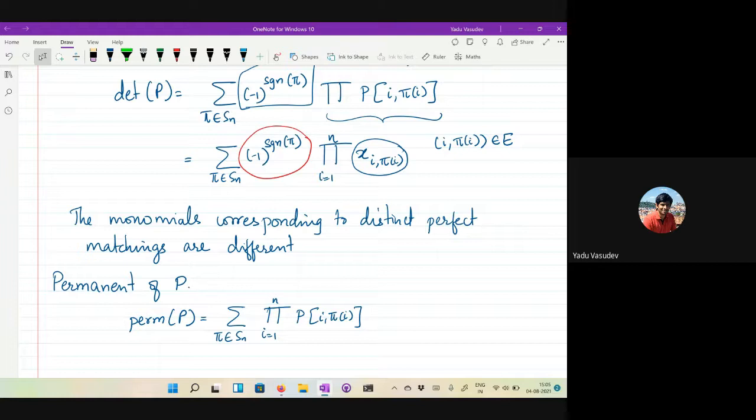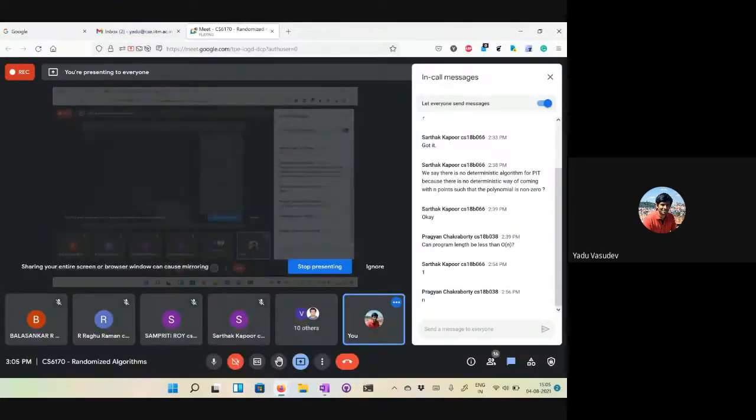Correct. So in this example related to the perfect matchings, what do you think the permanent is actually computing? For this Edmonds matrix, if you can compute the permanent, what can you compute? The determinant was related to checking for the existence of perfect matchings. What about the permanent? Maybe like the number of perfect matchings.